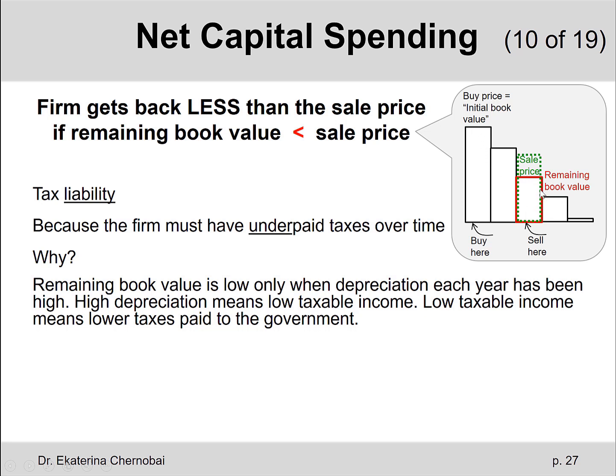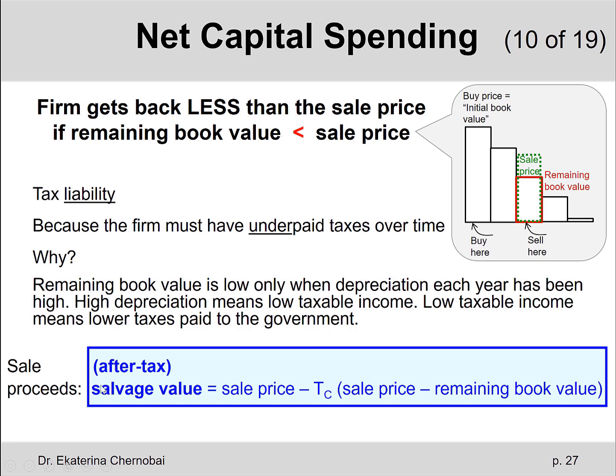So if the depreciation has been way too high, then you have been deducting too much money from your taxable income, right? And that implies that you have been paying very little money in taxes to the government. So now it's the time for you to pay some underpaid taxes back to the IRS.